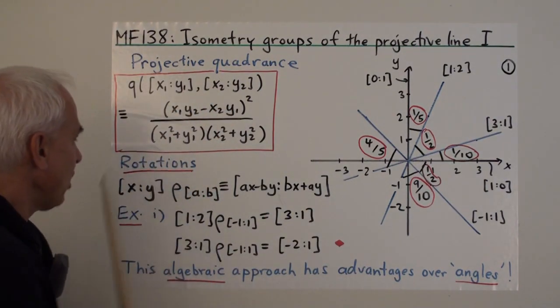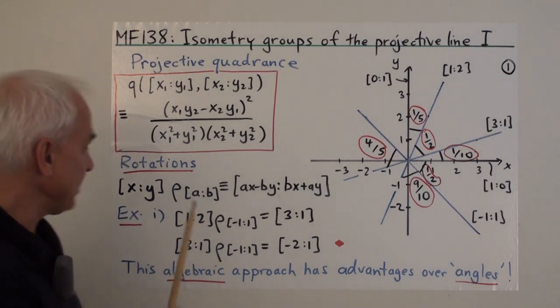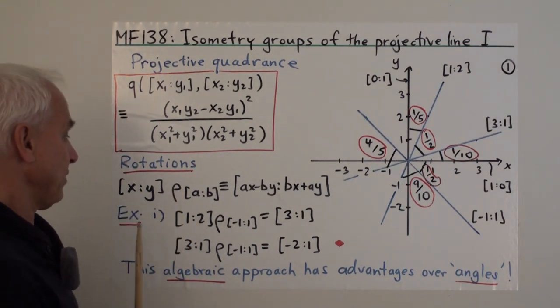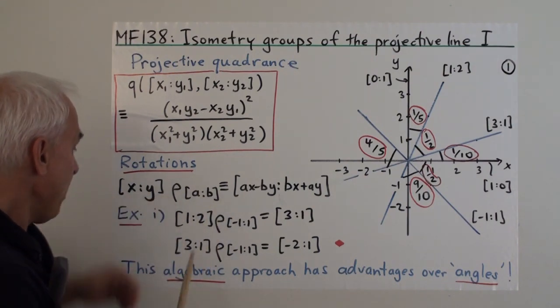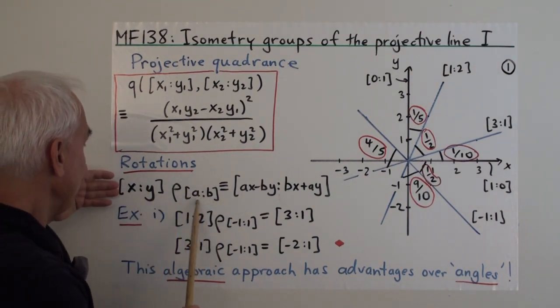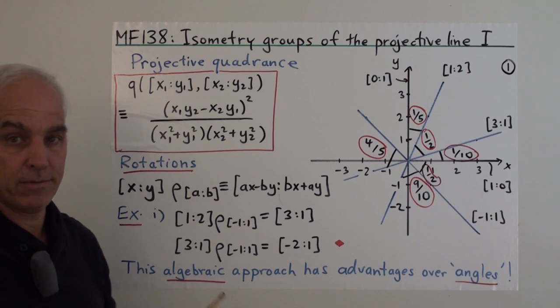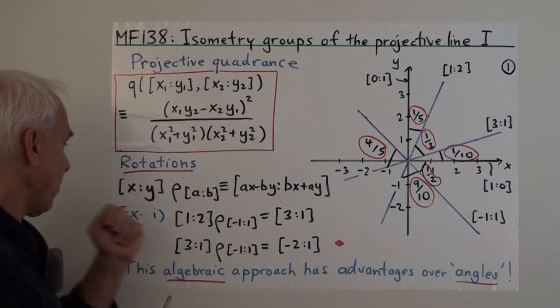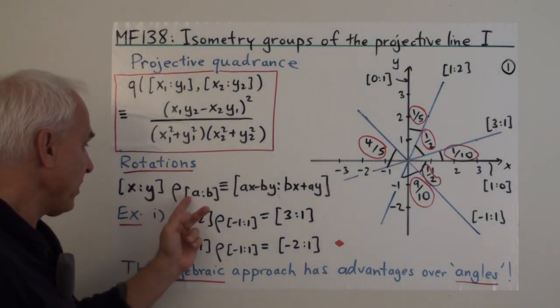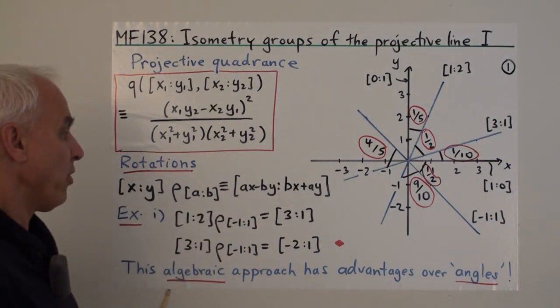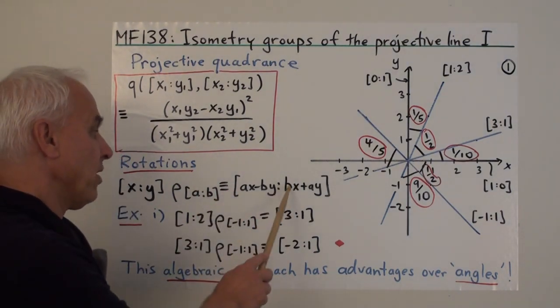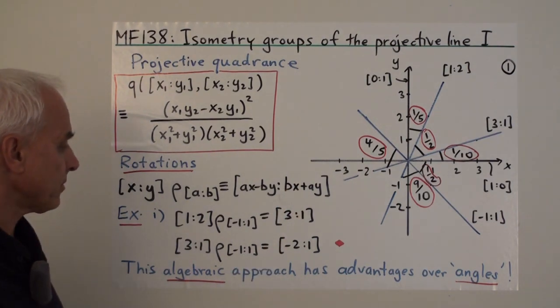We also talked about these rotations last time, these things called rhos. Basically they were just symbols, rho sub A to B, and we defined this symbol by how it interacts with the symbol for a 1 point. So x to y times rho A to B is by definition this 1 point, ax minus by to bx plus ay.